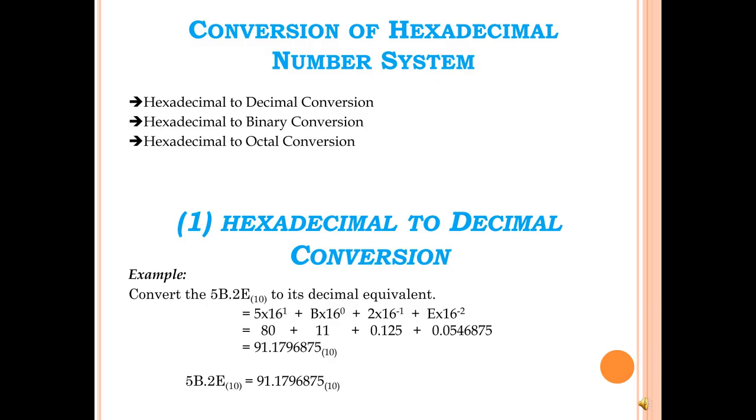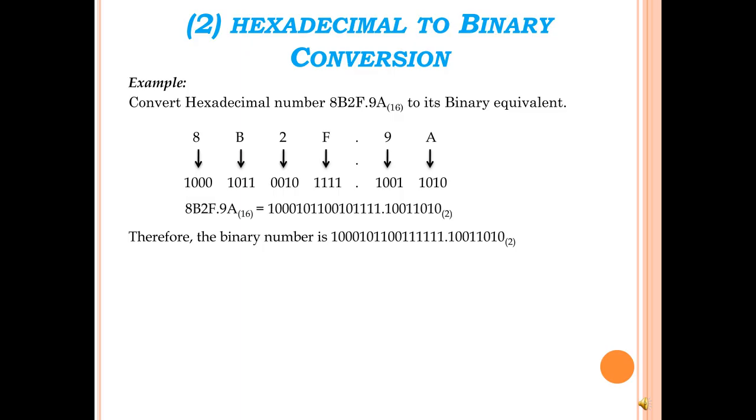So the final valuation comes as 91.1796875 base 10. It has been mentioned as base 16, so 5B.2E base 16 is equal to 91.1796875 base 10.